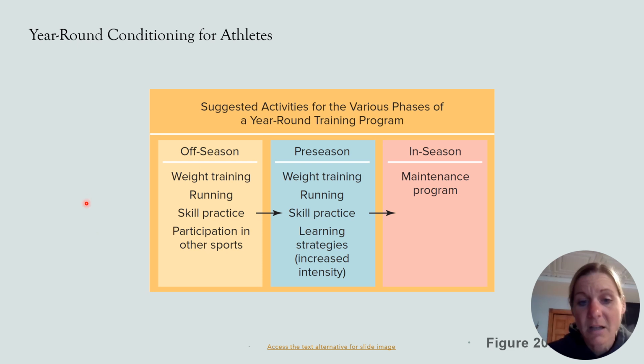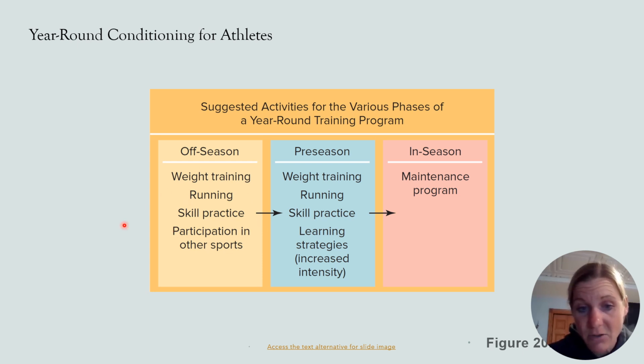So in our off season, we can focus on weight training, running, skill practice. So again, maybe a fundamental level of skill practice. As we move through each of these phases, our skill practice is going to become more important and more specific, and also going to be more challenging, right?